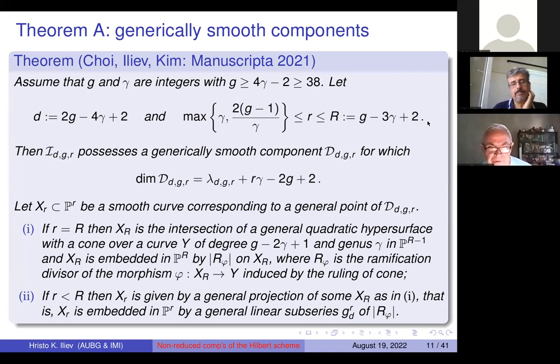As we get a description of that first component D as now generically smooth components, which means that the dimension of a tangent space is equal to the dimension of the component. We calculate just as before its dimension, and then we have the geometric description of the curves that make this component as follows.